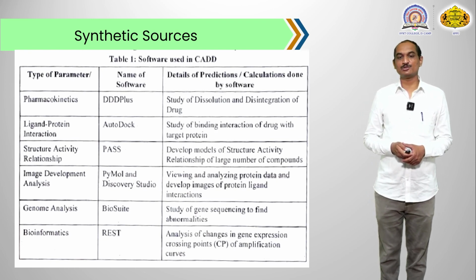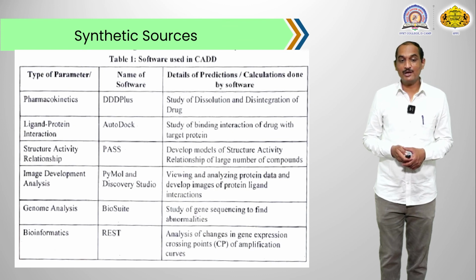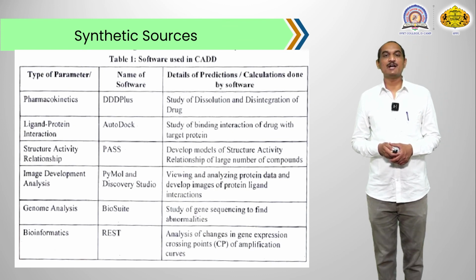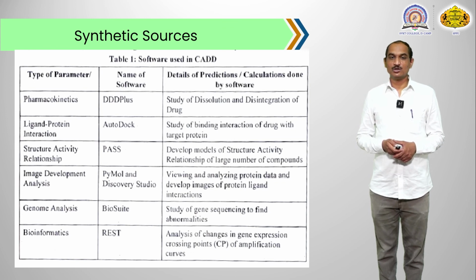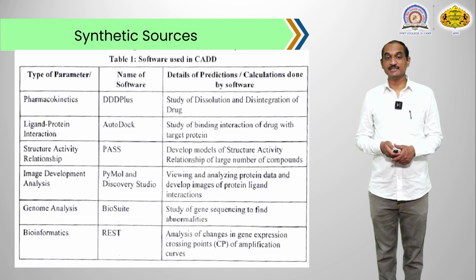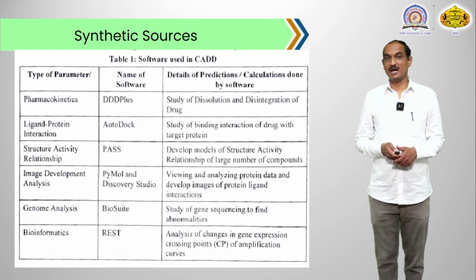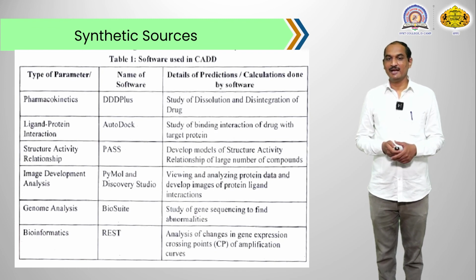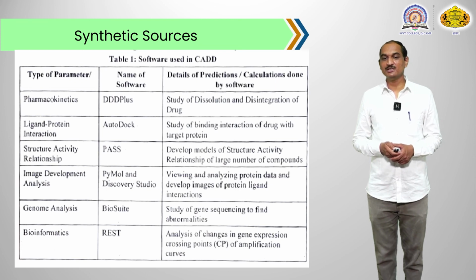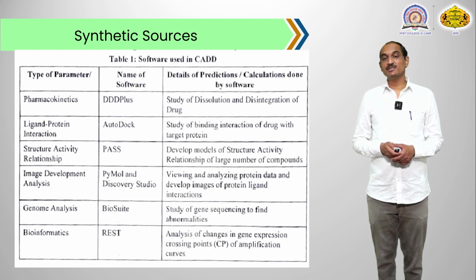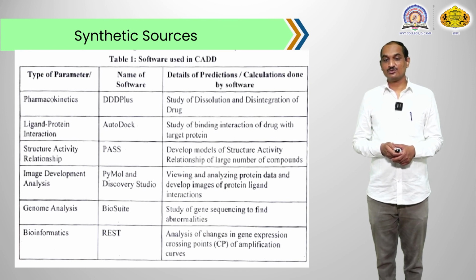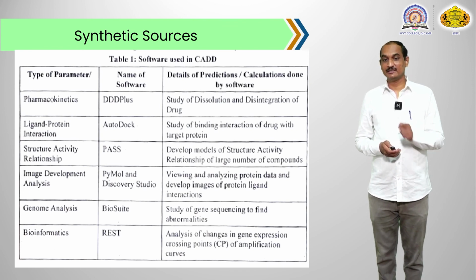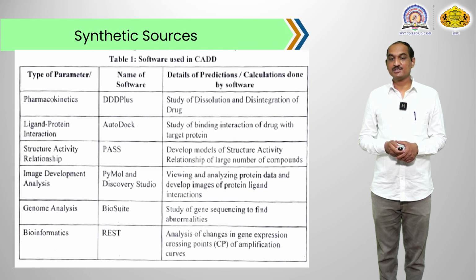Another important parameter of a drug molecule is bioinformatics, and this parameter of any biologically active compound is studied using the software REST, R-E-S-T. From that we analyze the change in gene expression, the crossing points, that is the CP of the amplification curve.